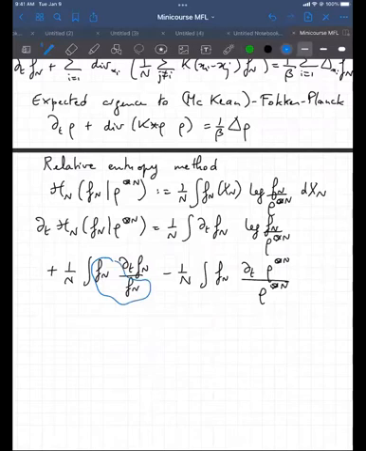Because Fn is a probability density, when you integrate dt Fn, it's dt of the integral of Fn, which is dt of 1, so this is 0.